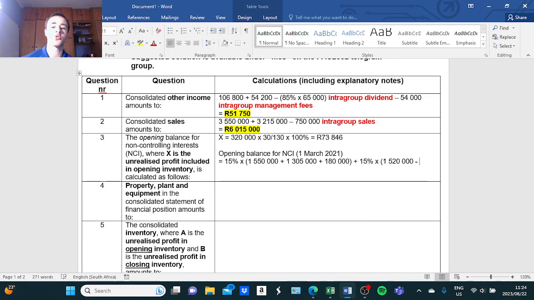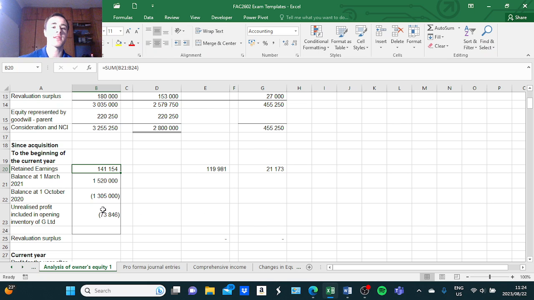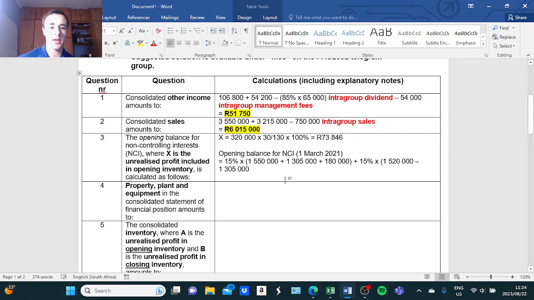We subtracted the balance of retained earnings at acquisition because we are calculating the change in retained earnings since acquisition. And then we subtract 73,846 due to the unrealized profit in opening inventory of Green Limited. However, as I've said, this amount has been replaced by X, so therefore we will replace this by X. So minus X.